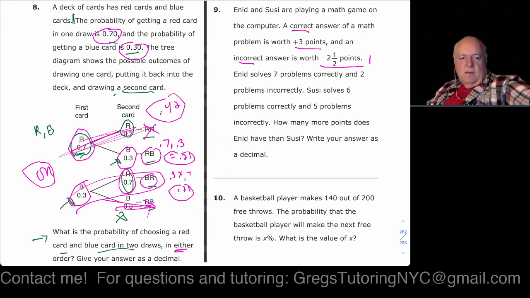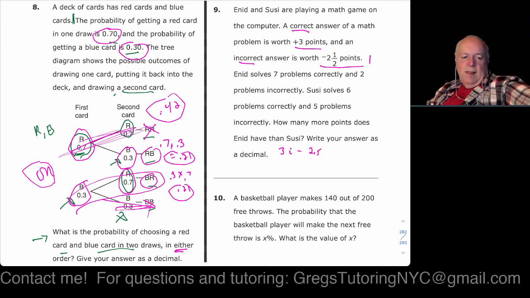We need to solve, how can I squeak this in here? So we have 3 times the number of incorrect plus minus 2.5. So really we could just do a minus there, because I don't really want to do a plus of a minus. Minus 2.5.